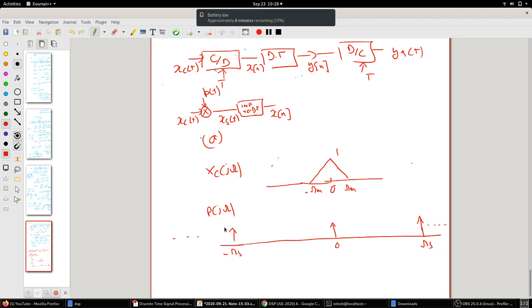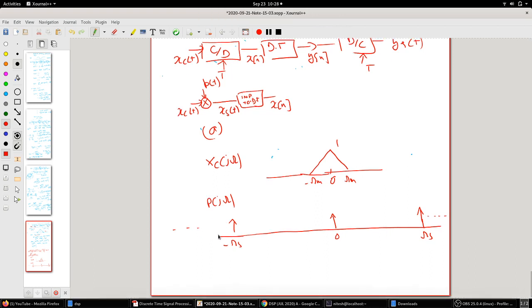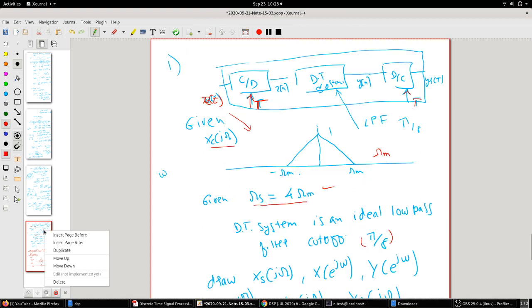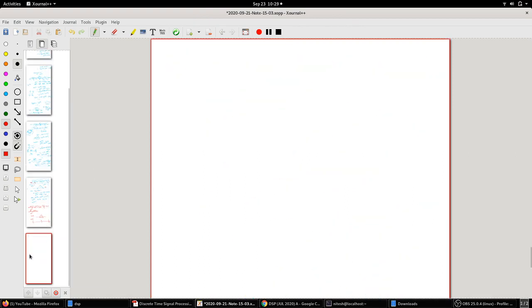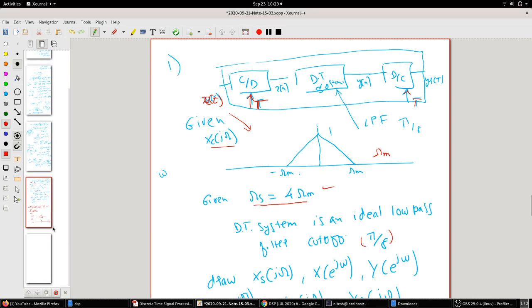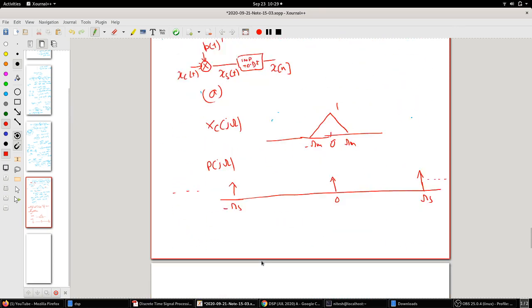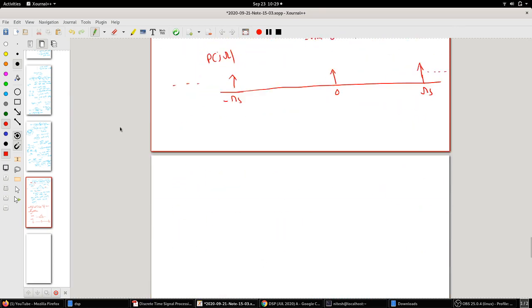So now my xs of j omega will be the same xc of j omega.